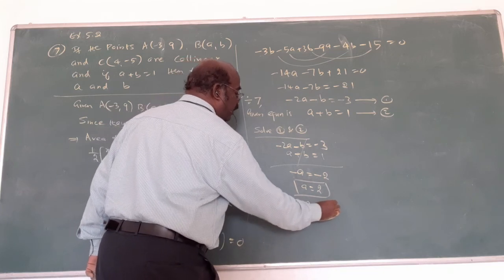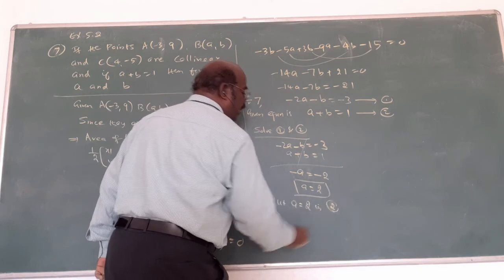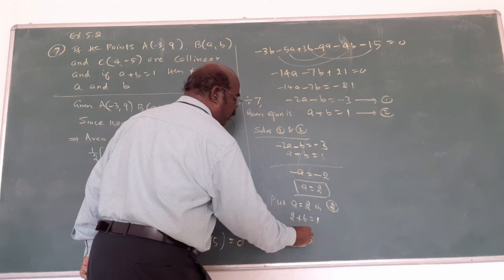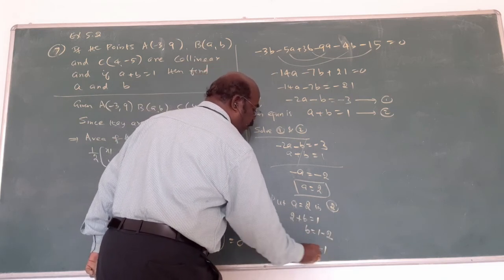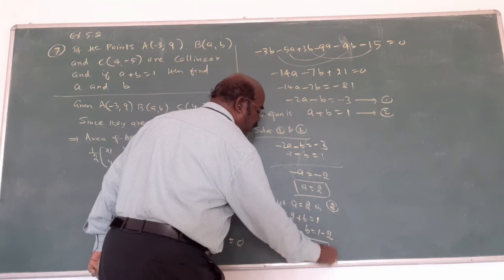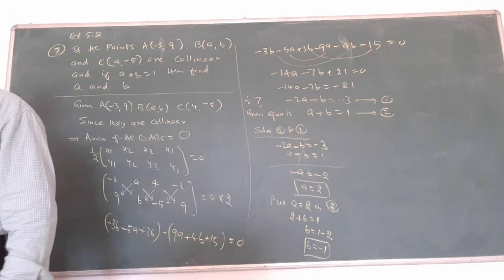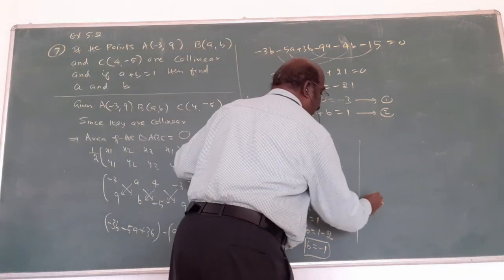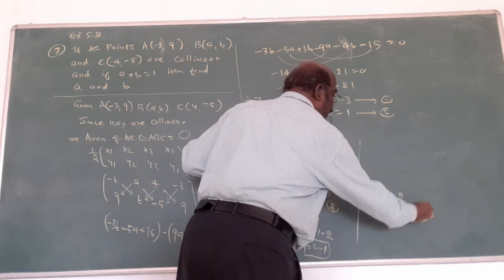Put a equal to 2 in the second equation. A plus b equal to 1, so 2 plus b equal to 1. B equal to what? 1 minus 2, that is minus 1. Therefore, a equal to 2, b equal to minus 1 is the answer.